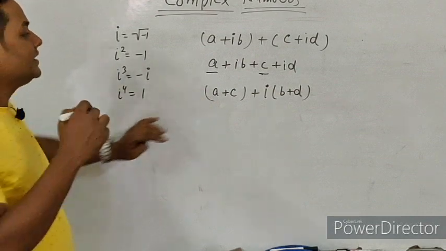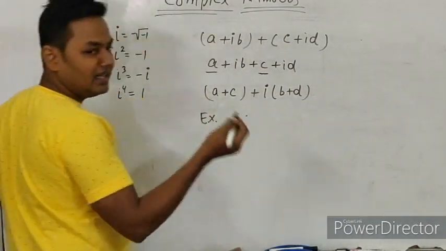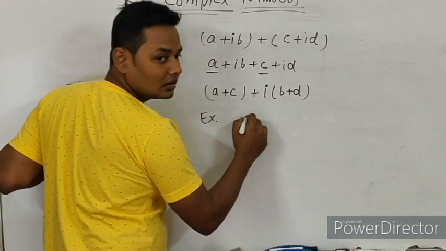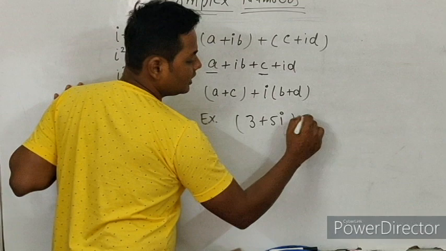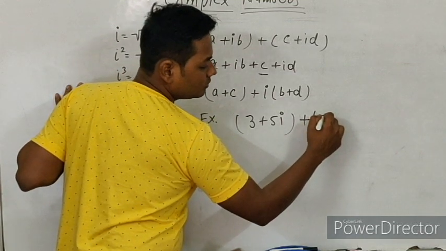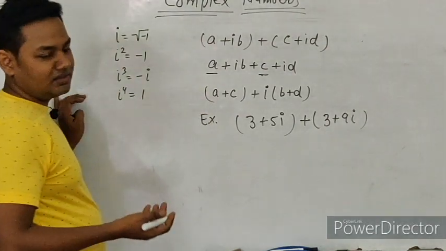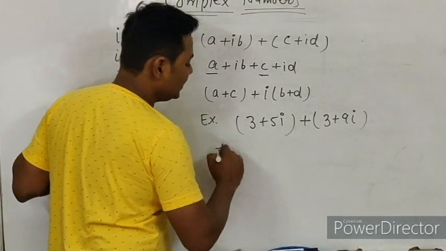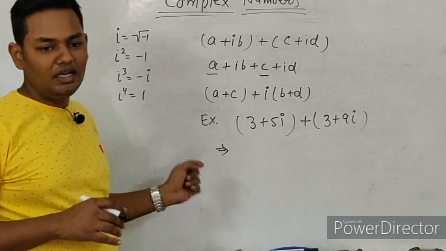Any problem? Are you sure? Let's take an example. You can tell me an example. 3 plus 5 iota plus 3 plus 9 iota. You can take anything, whatever you want. Basically, you need to follow the very basic rules for addition, subtraction, and multiplication.